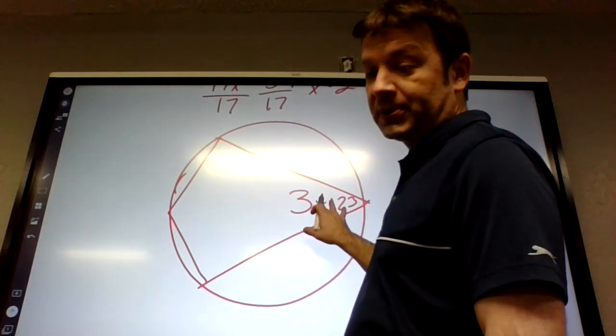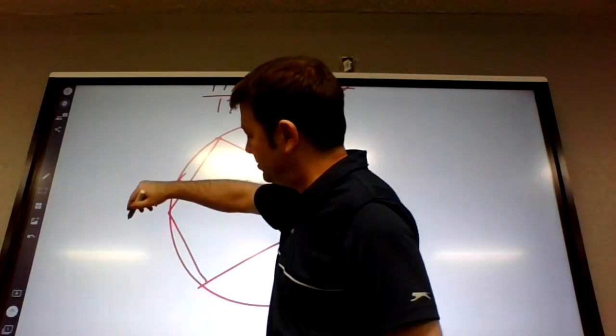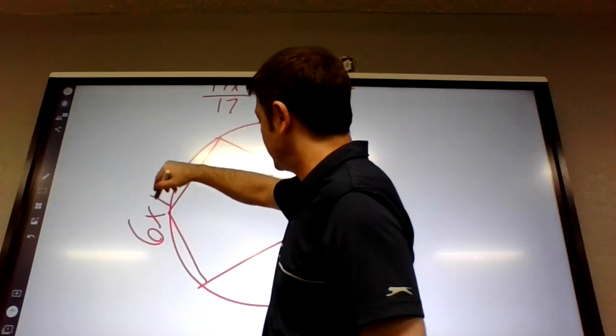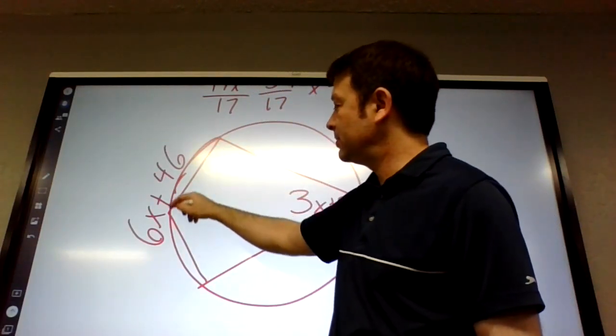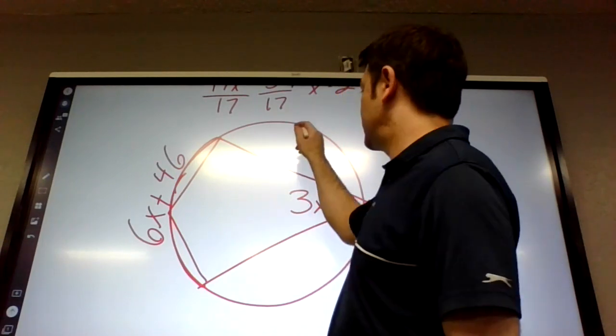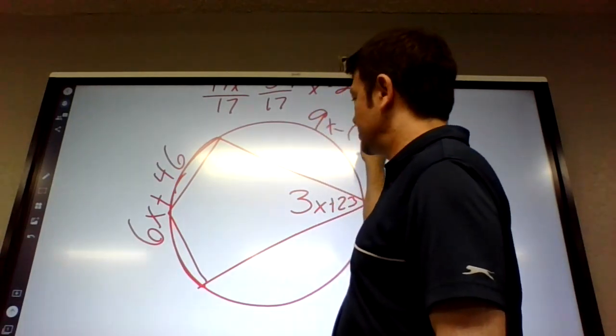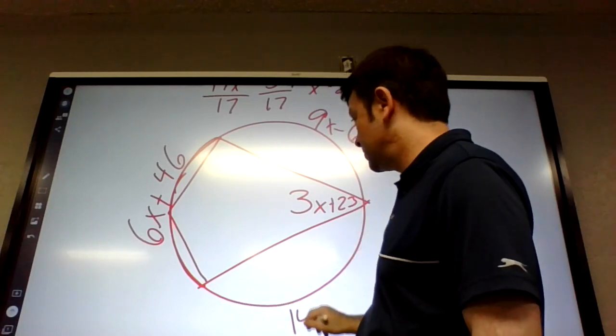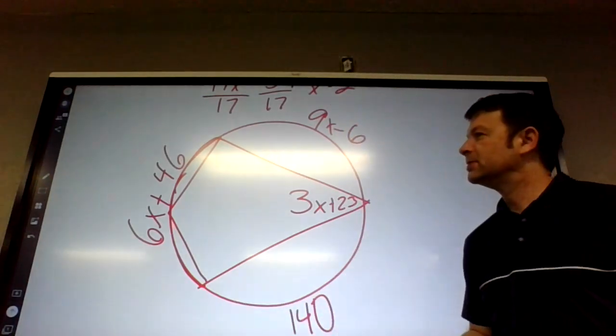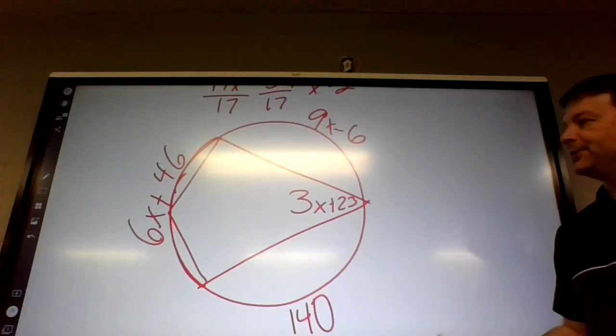If this is 3x plus 23, if you multiply by 2, we get 6x plus 46 for this arc. And they said this is 9x minus 6, and this is 140. Any ideas where we can go from there?